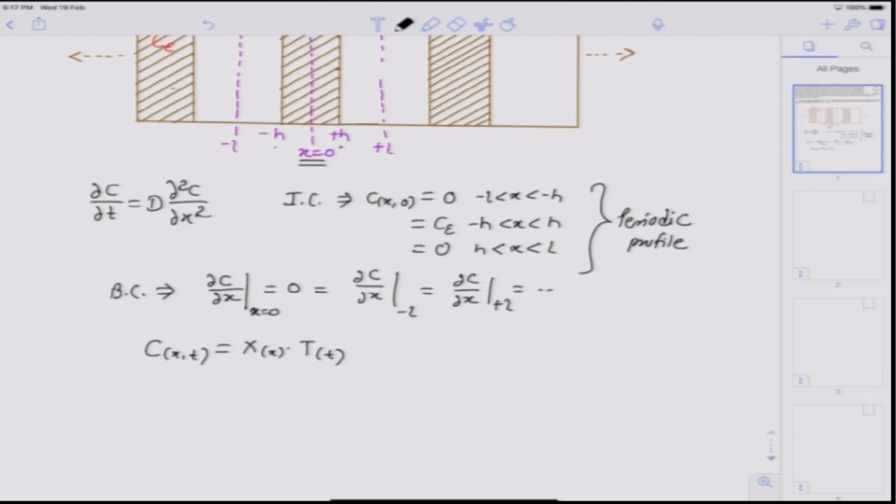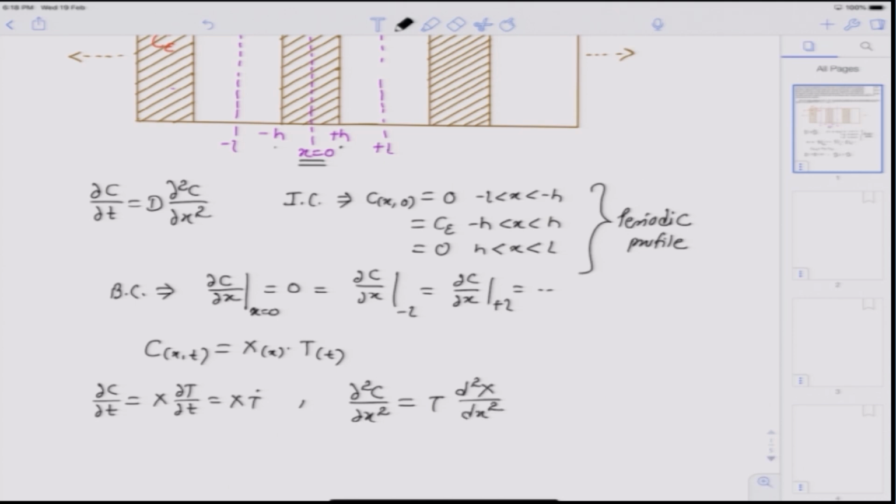So, with this, ∂C/∂t becomes X times ∂T/∂t, since X is only a function of x, and T is only a function of time t. So, we can replace this partial derivative with an ordinary derivative. So, we can write X times T dot. Similarly, the second partial of C with respect to x becomes T times d²X/dx².